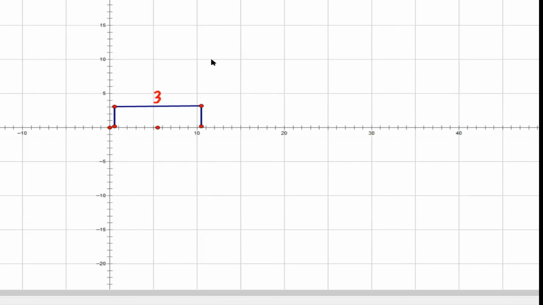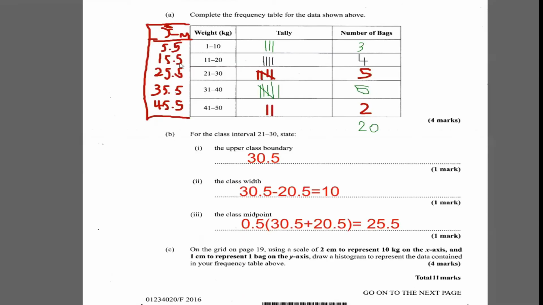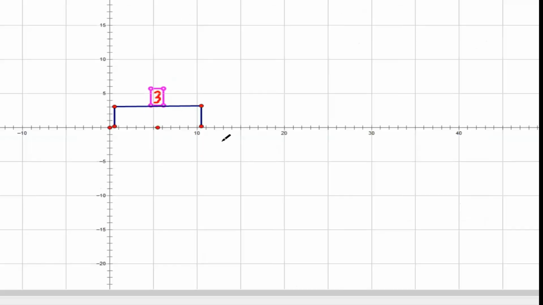The next one is 4 to 15.5. So let's draw going up 4. 4 is going to be up here. This one is 4.